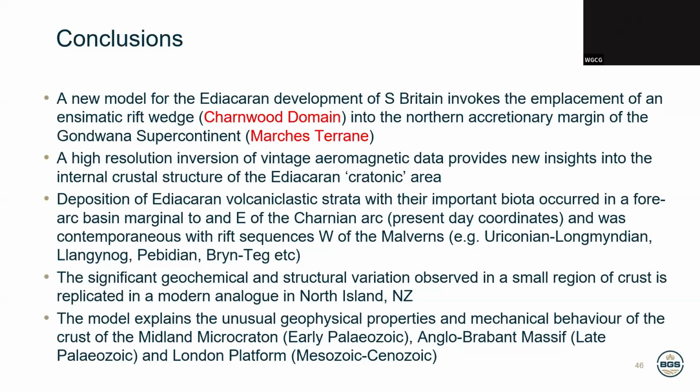And I think this model better explains the unusual geophysical properties and mechanical behavior of those subsequent structures, like the Worcester Basin, the Anglo-Brabant Massif, the London Platform, this terminology of structures that has developed over time to the recent period. All of these things are controlled to some extent by this deeper Precambrian structure.